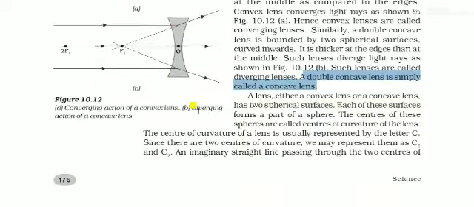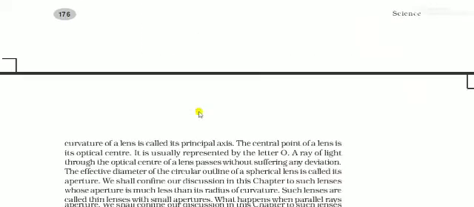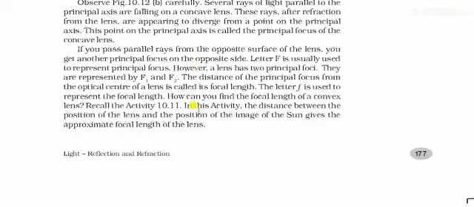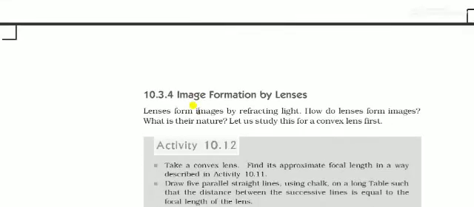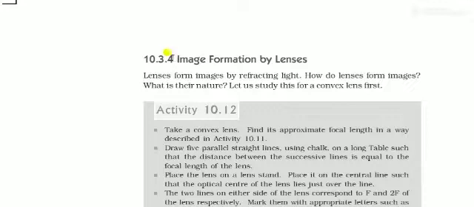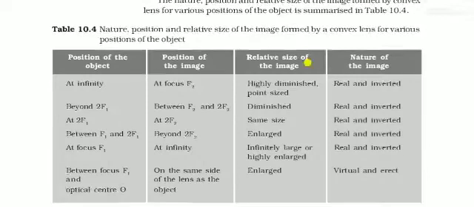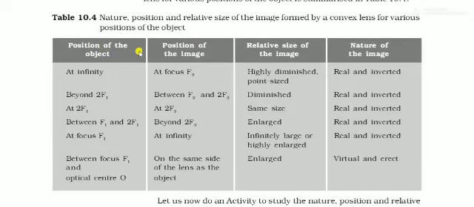Now come to the ray formation or image formation in both cases. See the topic, image formation by lenses. Here is a chart showing the different positions. I already explained what the positions are in case of a mirror.